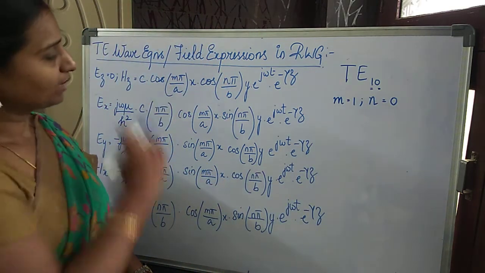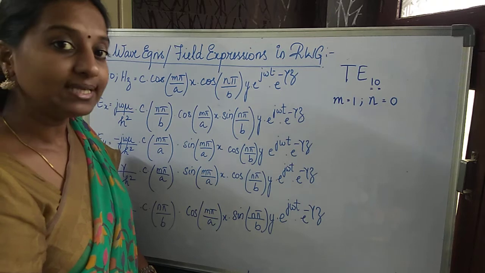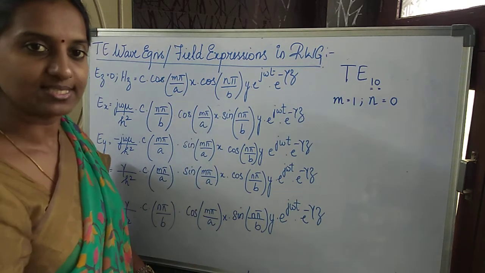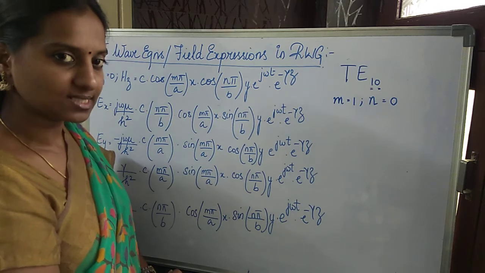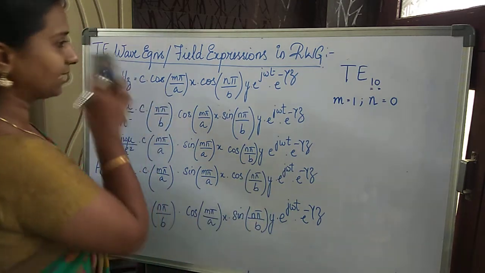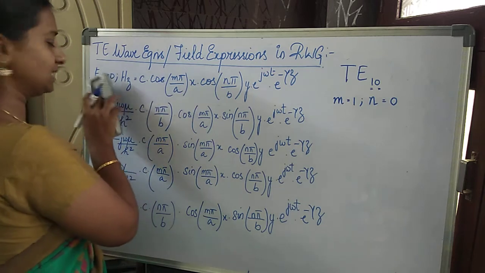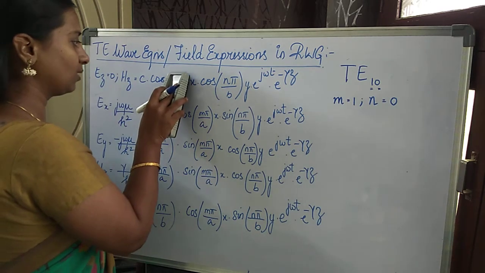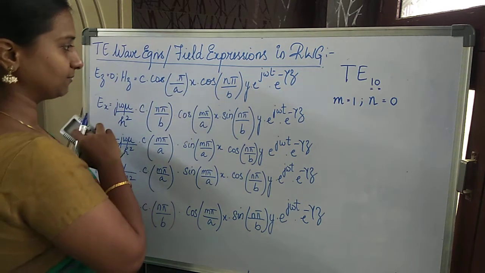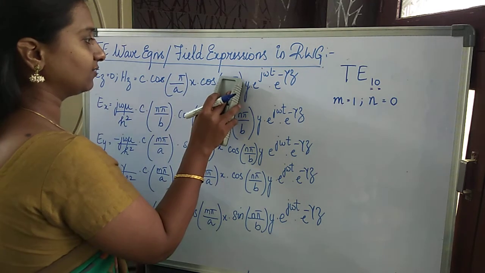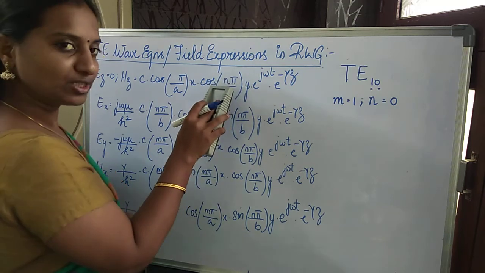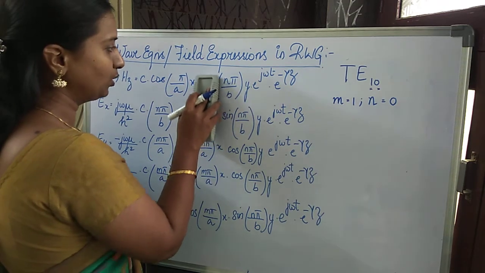So when I substitute M and N to be 1 and 0 in these equations, the equations will be reducing to something else. So when I am substituting M is equal to 1 here, Ez is going to be 0. When I substitute M is equal to 1, cos pi by a x, and when I substitute N is equal to 0, this whole term becomes 1.